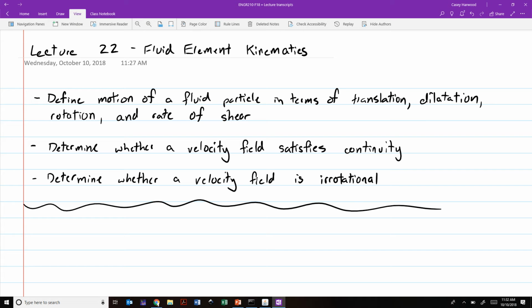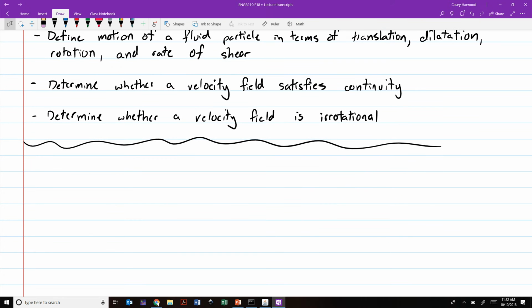So the first step when going from big control volumes, right, to very tiny little control volumes is understanding exactly how the fluid moves. So we're going to start out by assuming we're going to zoom in on a flow, right?